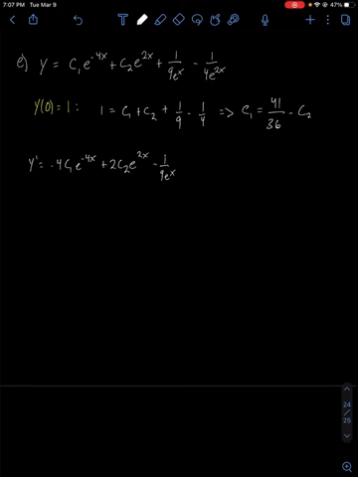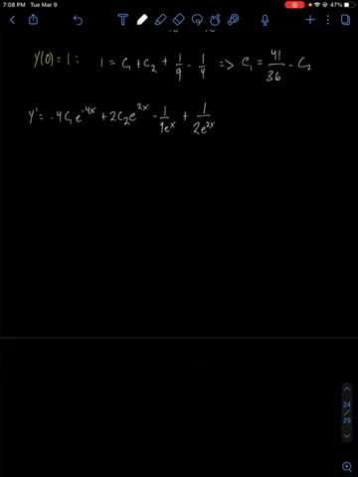That's going to be negative 2 coming out to the front, which means it's going to be positive 1/2 e to the 2x. And that is going to be the derivative.